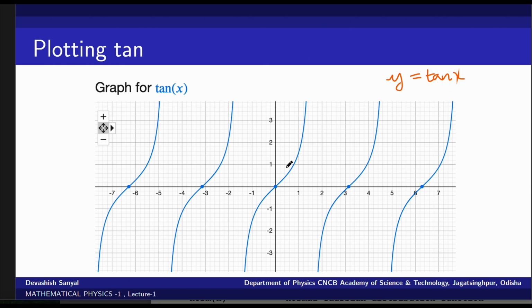Here you can see tan 0 is 0, we know that. And you know tan is an increasing function, so tan pi by 4 is 1.